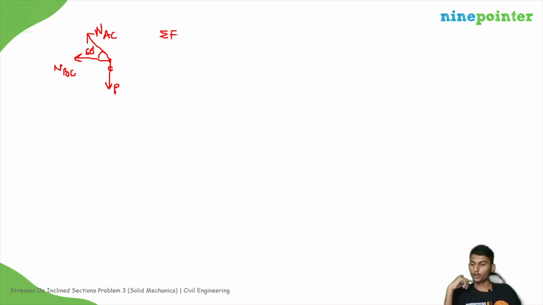Apply sigma Fy equals 0 at this joint. So that will give us NAC sine 60 equals P, right? So NAC equals 2P divided by root 3.